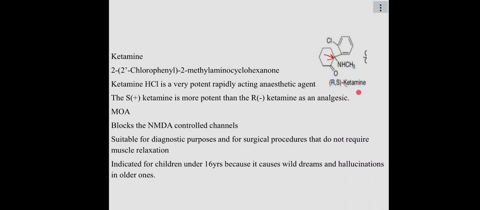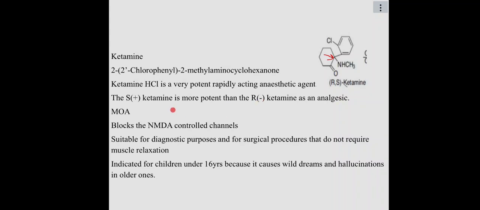So there is no resolution to get either R or S. Ketamine hydrochloride is a very potent, rapidly acting anesthetic agent. The S dextroketamine is more potent than the R levoketamine as an analgesic. But in terms of anesthesia, I think they have equal potency. But normally, because resolution is usually a very expensive process, that is why we give it as RS ketamine.